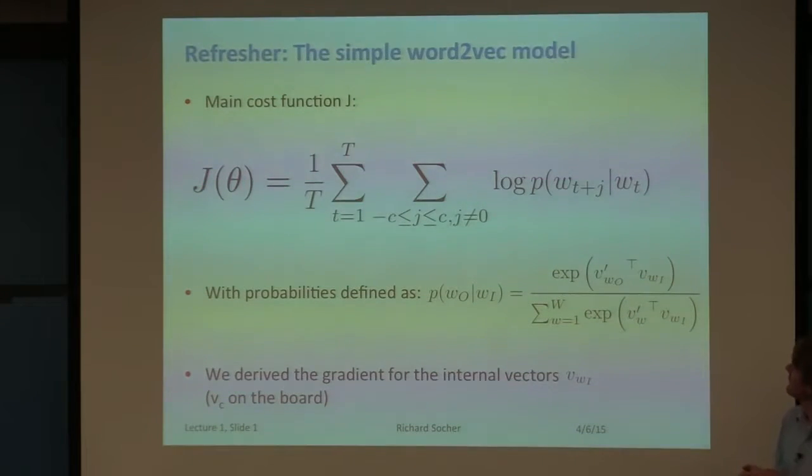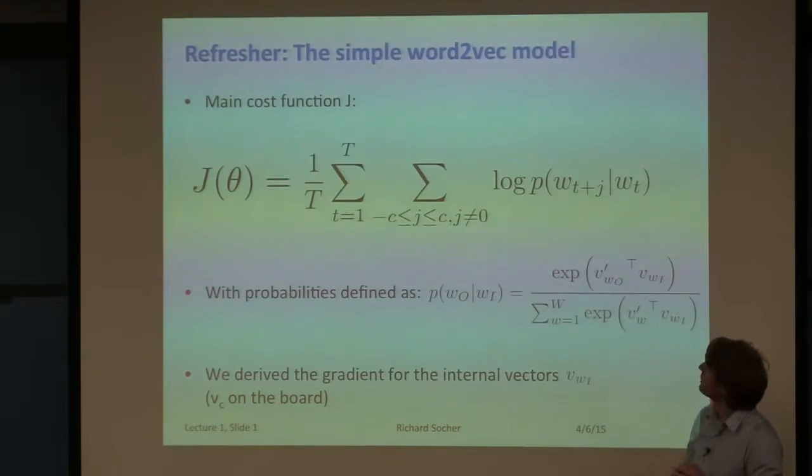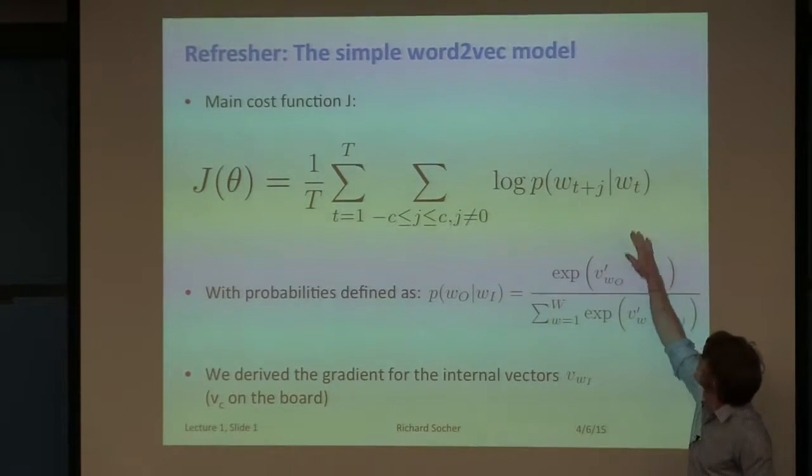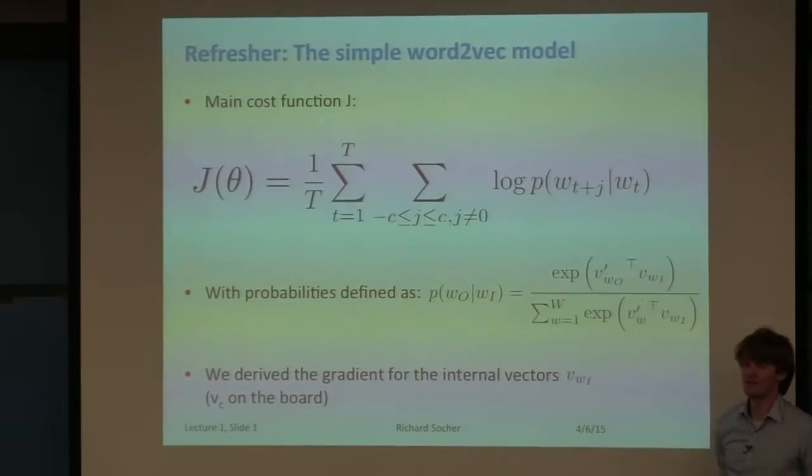We have the log probability that we want to maximize for a certain center word, and conditioned on that center word t in a specific window, we wanted to predict the words around that window. And in particular, our probability had this formulation where we had an inner product of the center vector transposed with the outer vectors.